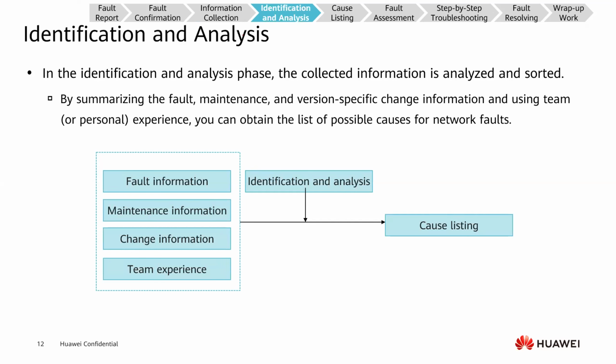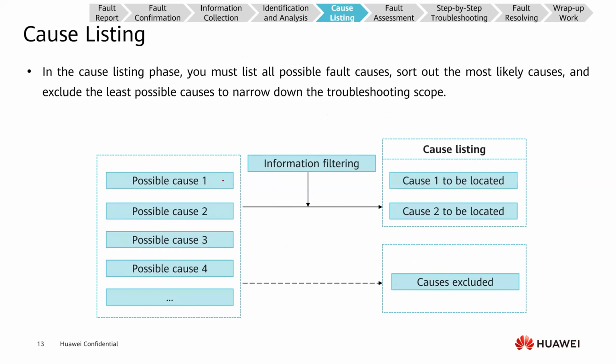When we have collected the information, we do the identification and analysis. By assuming the fault, using maintenance and version-specific change information and team experience, you can obtain the list of possible causes for the network fault. From the maintenance information, change information, and time, we get the cause listing: possible cause 1, possible cause 2, possible cause 3, 4, and so on.